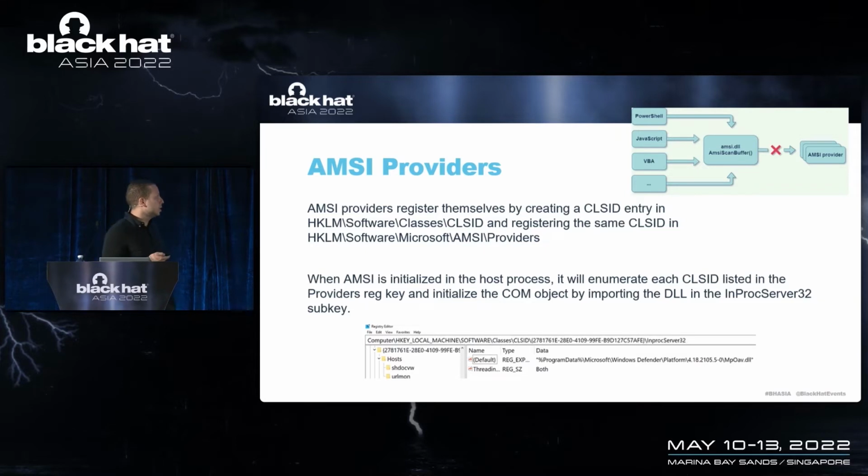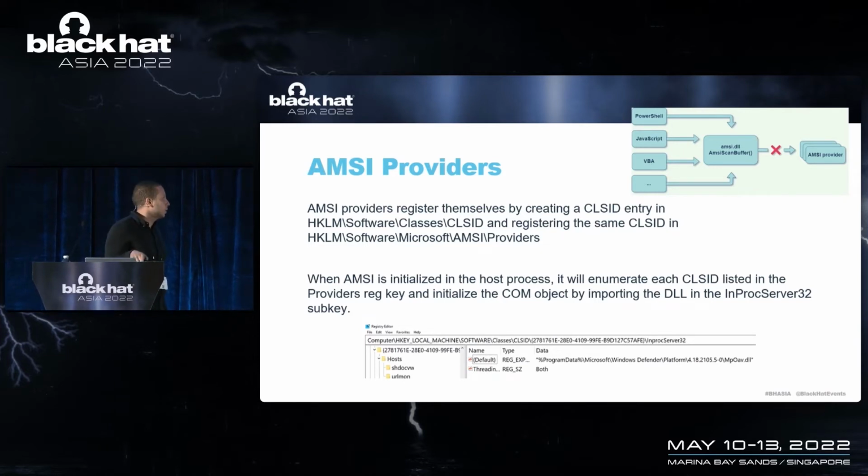When AMSI is initialized in the host process, it will enumerate each CLSID listed in the providers registry key and initialize the COM object by importing the DLL in the in-proc server subkey in the HKLM software classes CLSID. If you want to sum it up, you can take a look at the picture on the bottom.